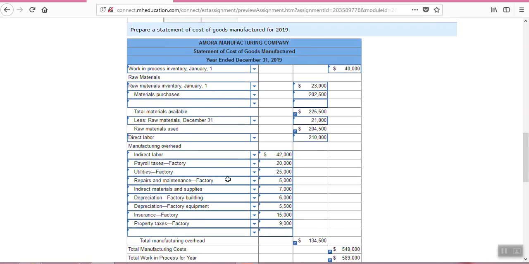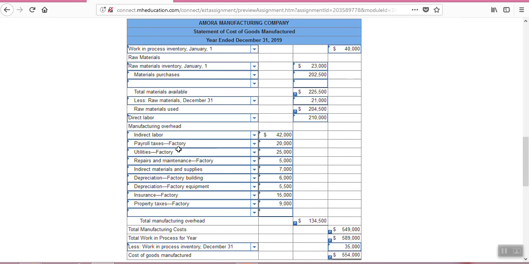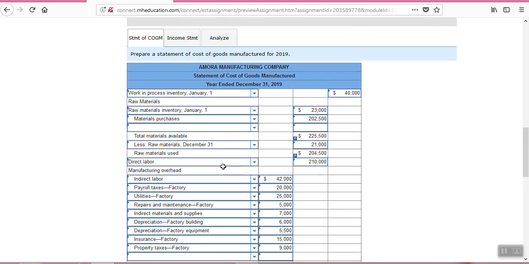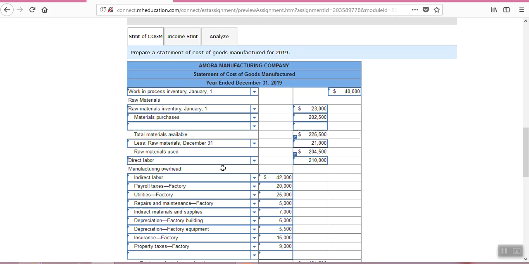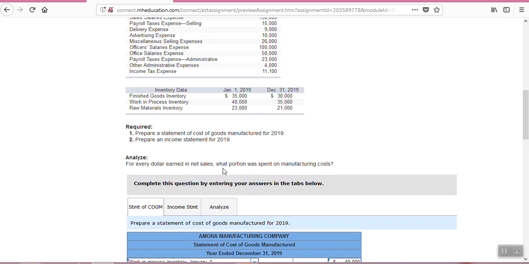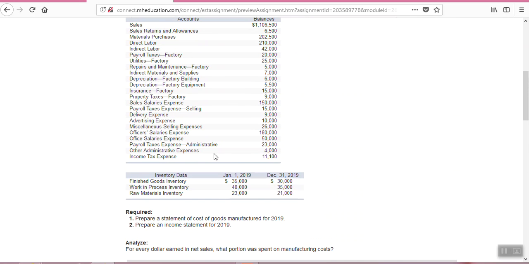And then manufacturing overhead, and we've got like 1, 2, 3, 4, 5, 6, 7, 8, looks like 9 things. All of these are on this chart up at the top. So let's see, there's the direct labor, which was right up above that. You're going to start with the indirect labor, and all this stuff that says it has to do with the factory, that all goes in this section.